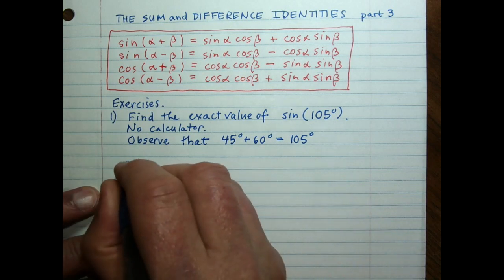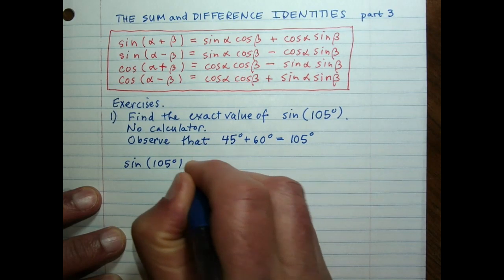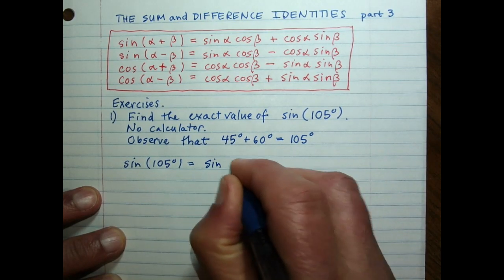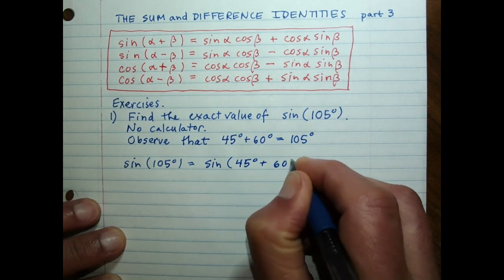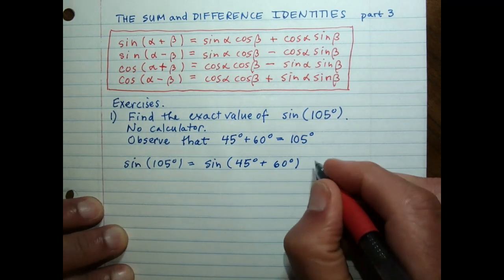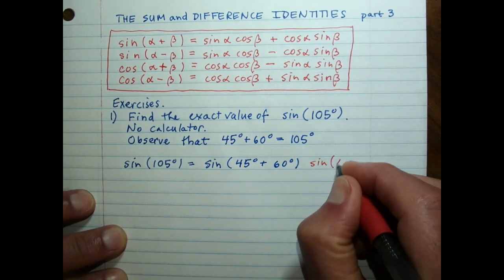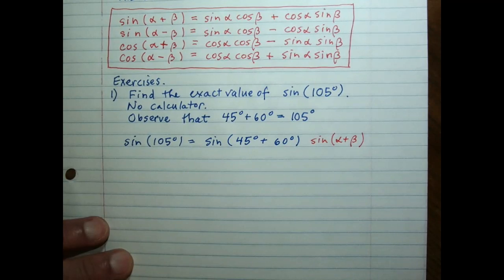That means sine of 105 degrees is the sine of 45 degrees plus 60 degrees. And now I can apply the sine of the sum identity. I have that form, sine of alpha plus beta.